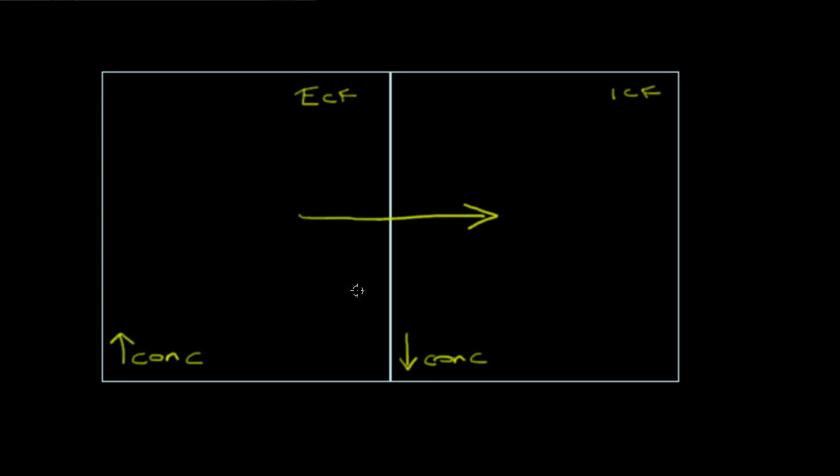Remember we've got the polar heads of the phospholipid bilayer, but they've got to cross the membrane, which is full of lipids in between, and they've got to be soluble in lipids. If they're not soluble in lipids, then they're going to have a hard time getting across that membrane. So this cell membrane here is going to be permeable to that substance, because it's not necessarily going to be permeable to all substances.